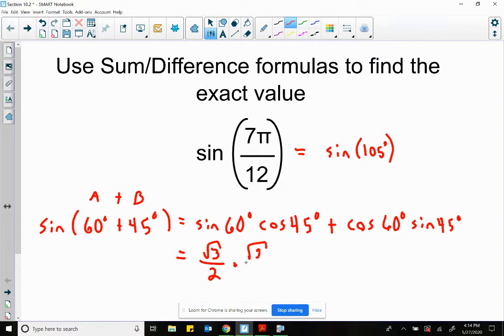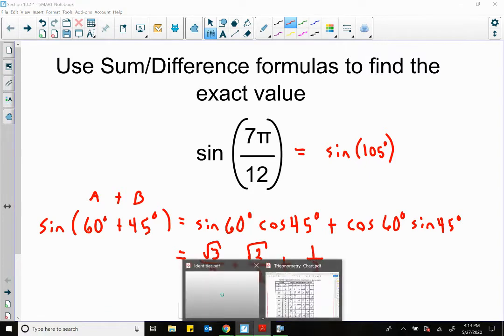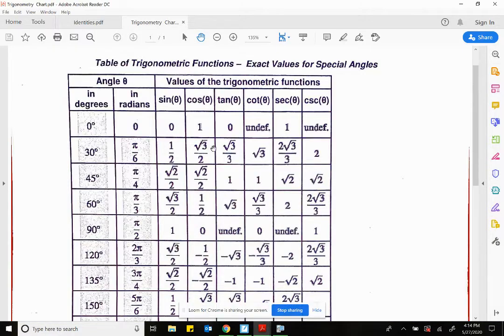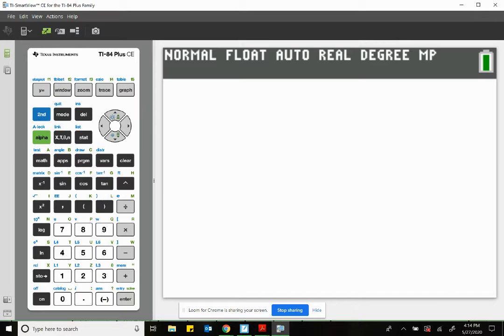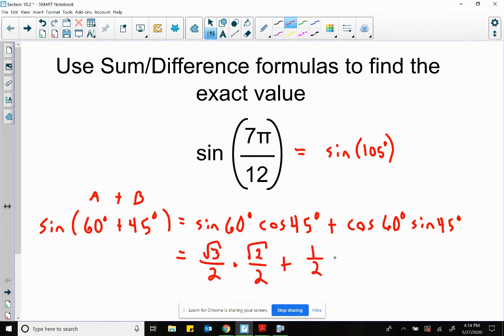It's the square root of 2 over 2. Plus cosine 60 is 1/2. Pretty sure on that. Let's double check just to make sure I'm right. Cosine 60, 1/2. And then cosine 45 is square root of 2 over 2. Because they do want exact values on this. This is why you can't just go into your calculator, because you got square roots here.